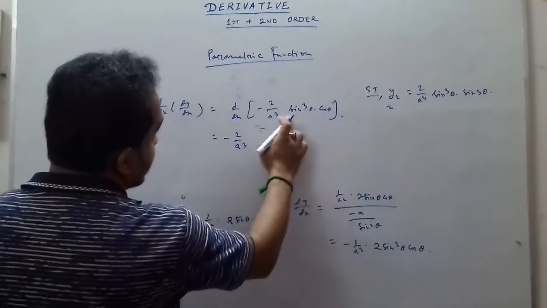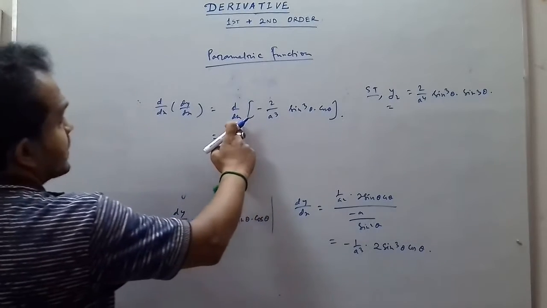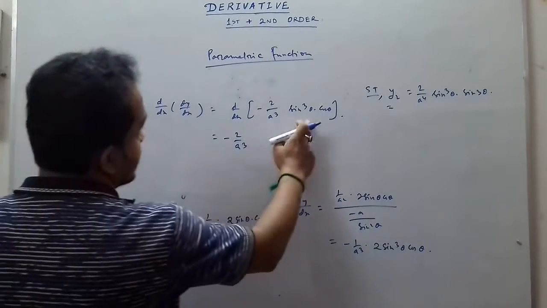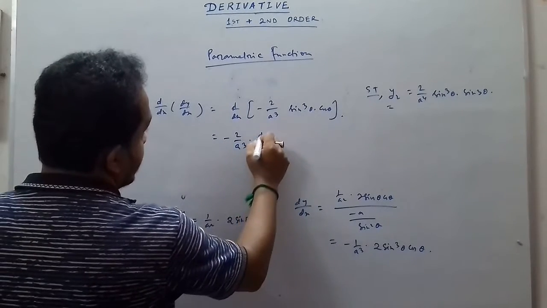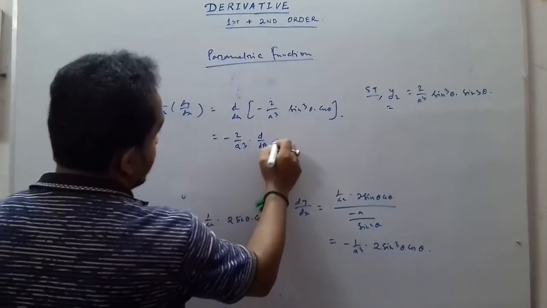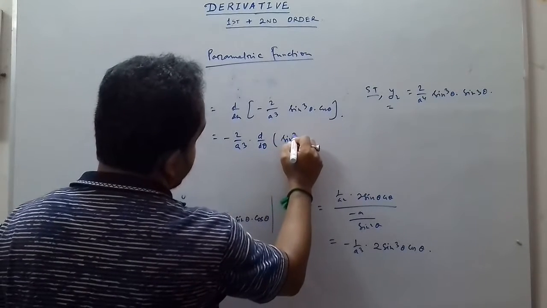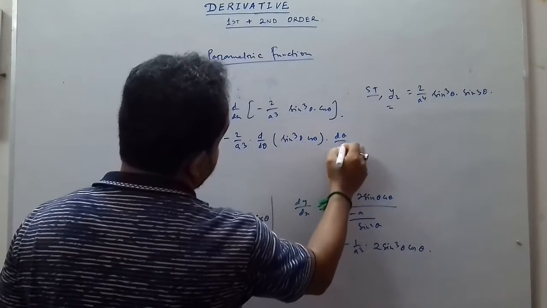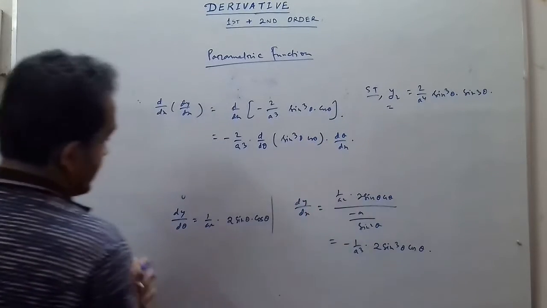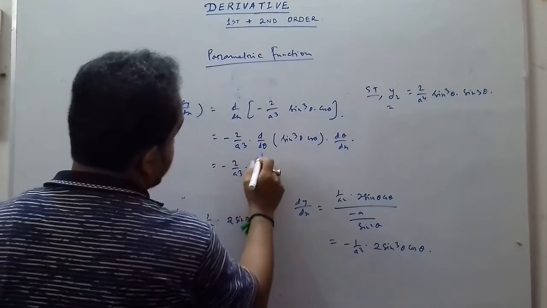Since this function is a function of theta and we are differentiating with respect to x, it is not possible to differentiate a function of theta with respect to x directly. So we differentiate this function with respect to theta, sin cube theta into cos theta, and multiply by d theta by dx. Therefore minus 2 over a cube d by d theta.